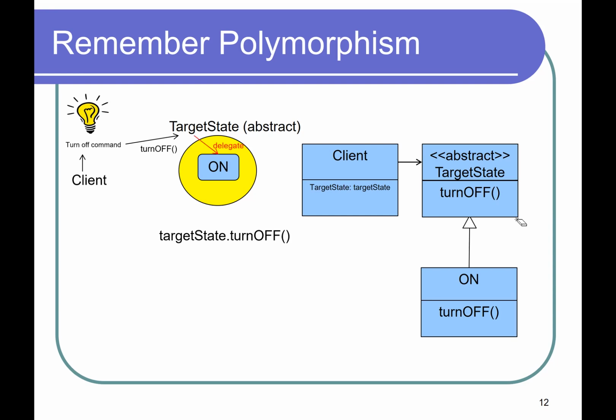Right now, I'm gonna delegate this job to what's inside the envelope. What's inside the envelope is a class called on that obviously inherits turn off. Okay. And so what actually executes is not the code that was here. What actually executes is the code that's at the bottom over there.